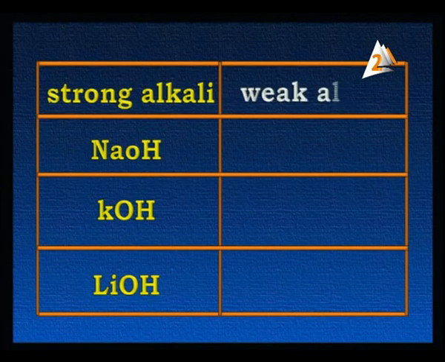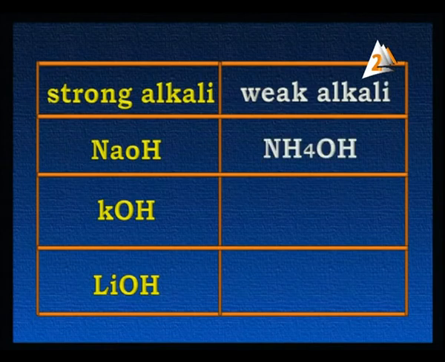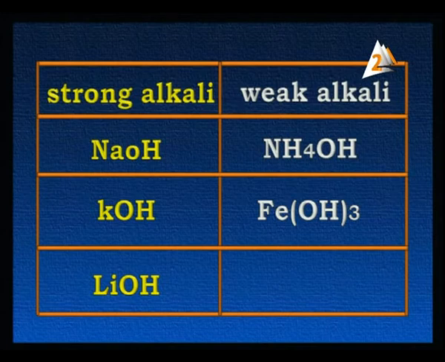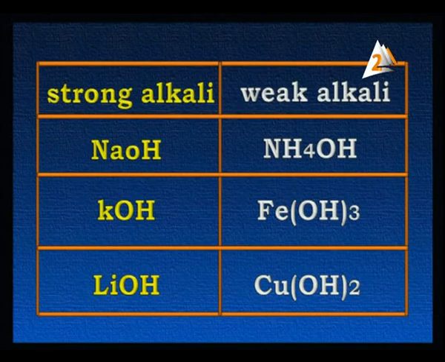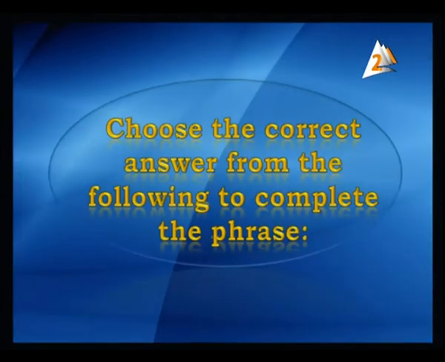But we have weak alkalis: NH4OH, ammonium hydroxide, iron hydroxide 3, and Cu(OH)2, which is copper hydroxide. So this is any metal except alkalis. It's called a weak alkali.